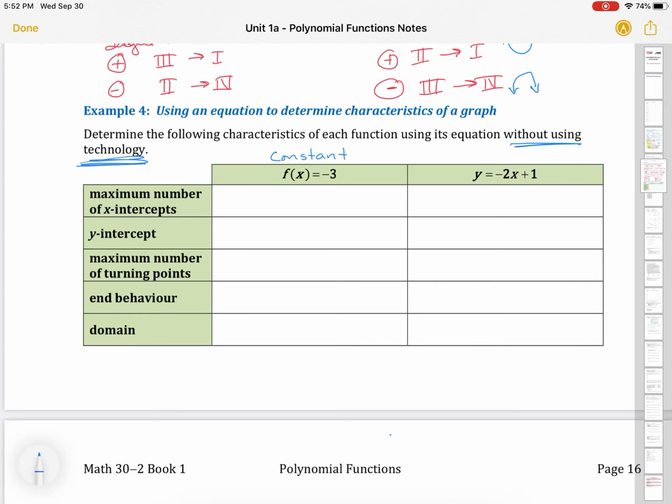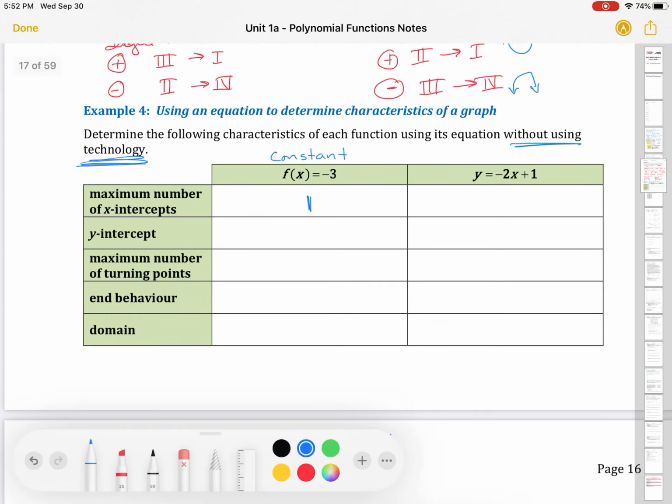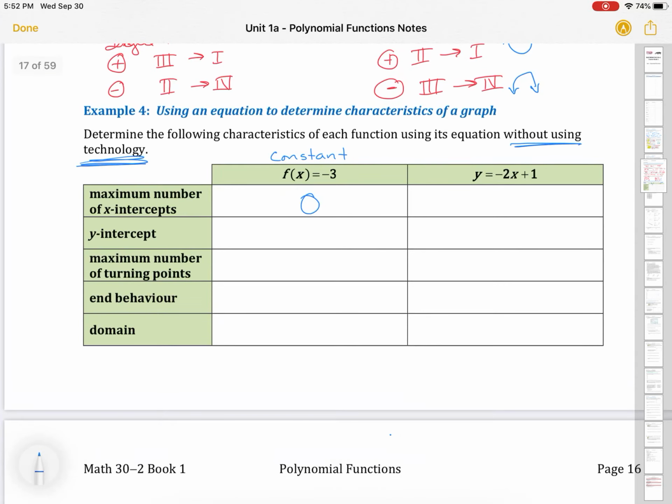Maximum number of x-intercepts. Well, it is not f of x equals 0. So that means it's going to have 0 for its x-intercepts. It's not going to ever cross it, because it's going to be a straight line at -3. Y-intercept, well, the y-intercept will be at -3.